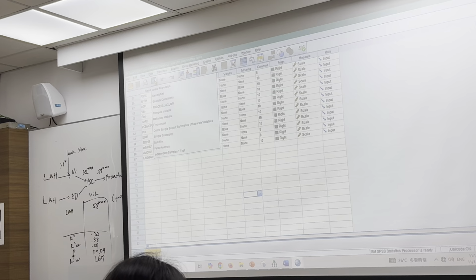Okay, so we do the mean centering because we try to avoid the multicollinearity that may happen when we do regression. Okay, there are 2 things. Mean value and center value are 2 different things. We will use center values when we calculate the moderation effect.